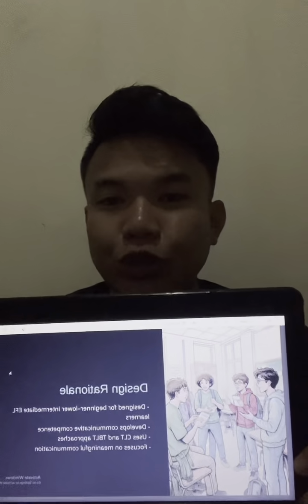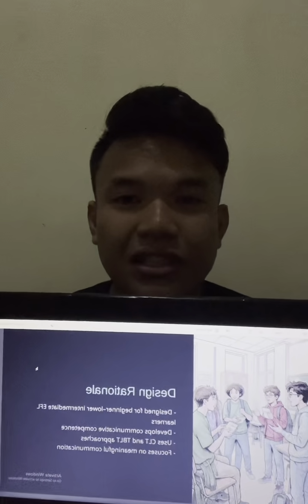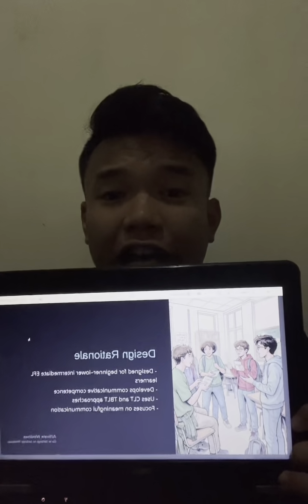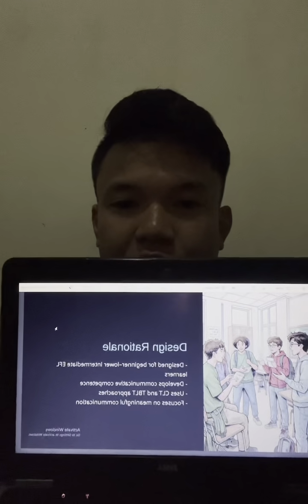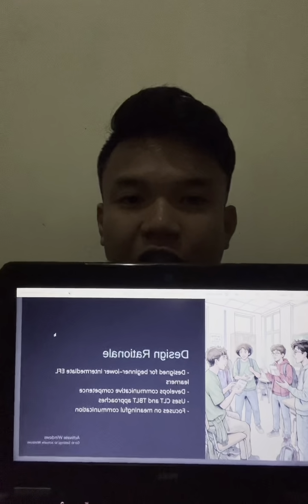Now, let us look at the design rationale. The syllabus is intended for grade 8 students who are generally at the beginner to lower intermediate level of English proficiency. One of the main goals is to develop students' communicative competence, which means helping them use English effectively in real-life situations rather than simply memorizing grammar rules.